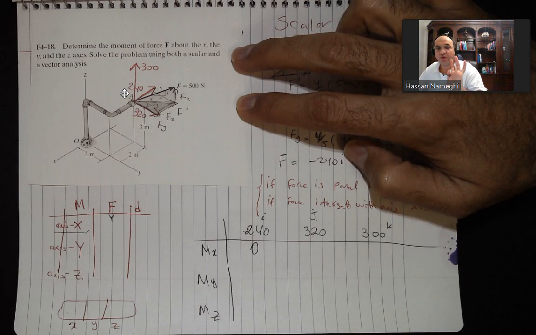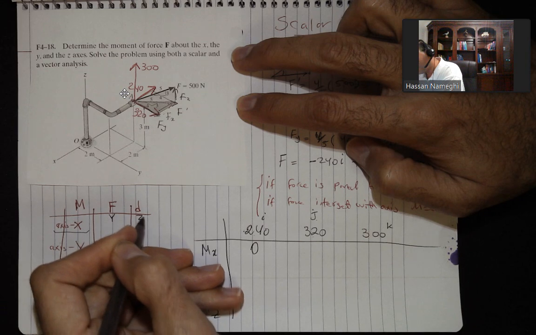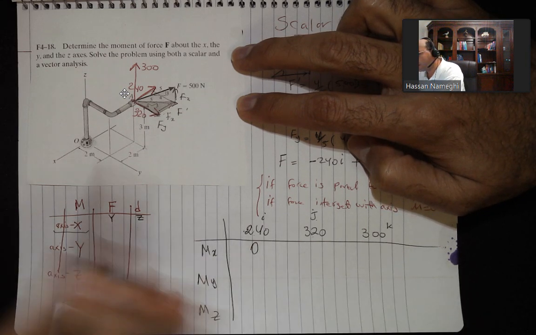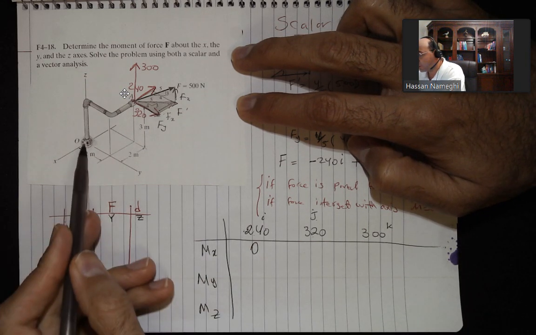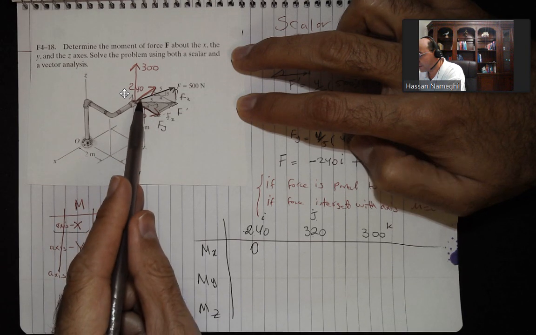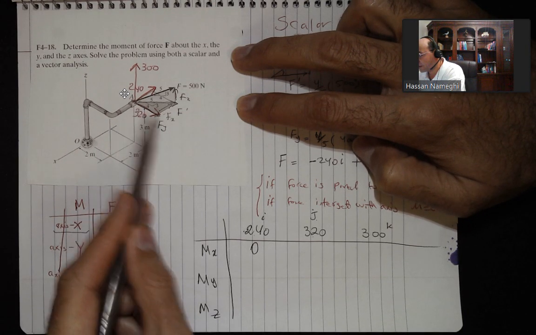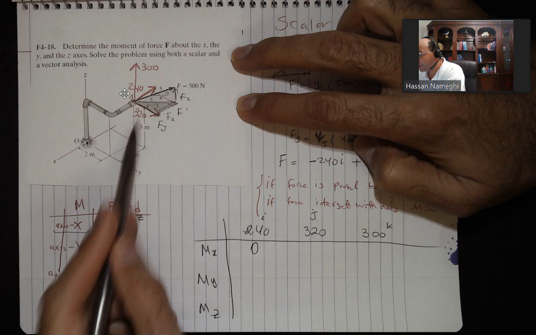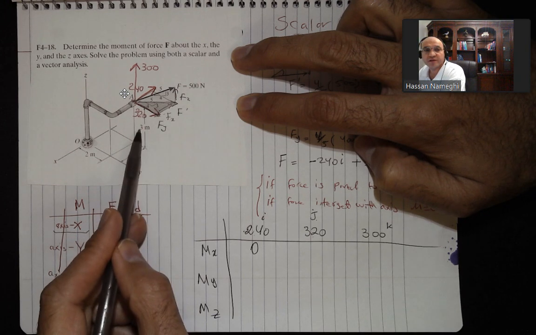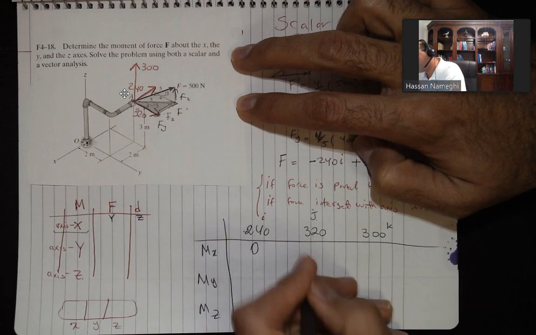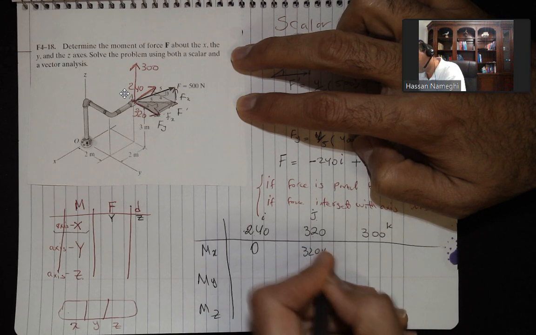I want to do moment about the x-axis. The force is on the y. Distance will be on? Come on, z. Very good. And now what distance do we have on the z? About the place of 320, which is here. The distance that we have on the z is the height of 3. So I'm going to say 320 times the height of 3.